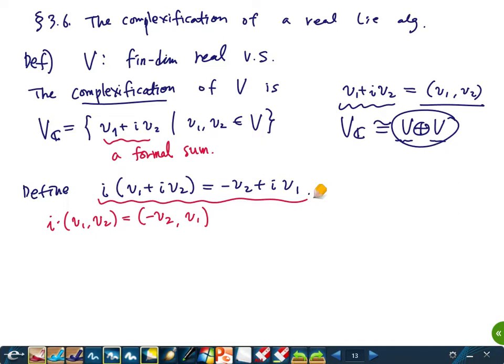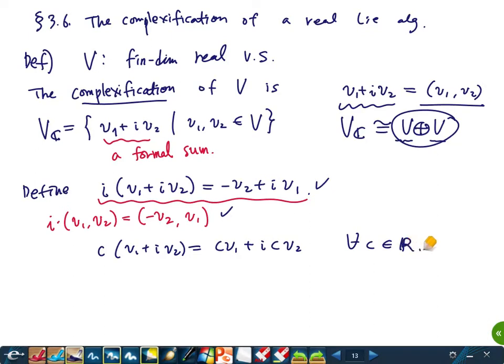They should be considered the same thing. This one's easier to remember than this, right? And of course, c times (v1 plus i v2) is c v1 plus i c v2 for all c in the real numbers. So now this is going to be a complex vector space.